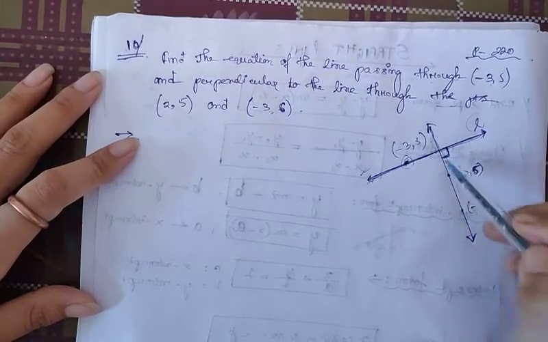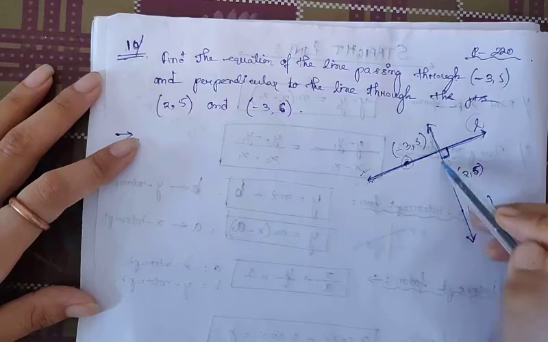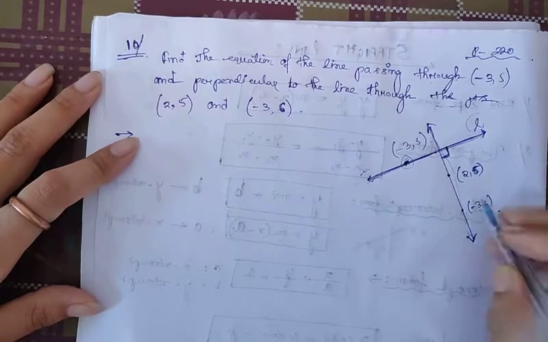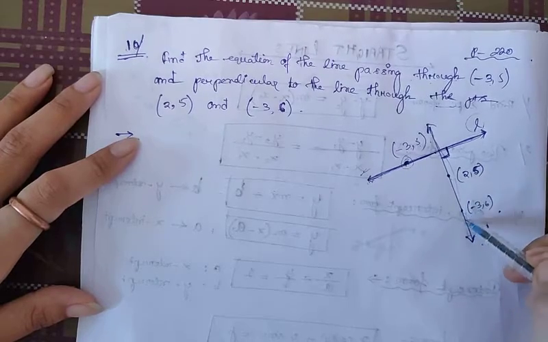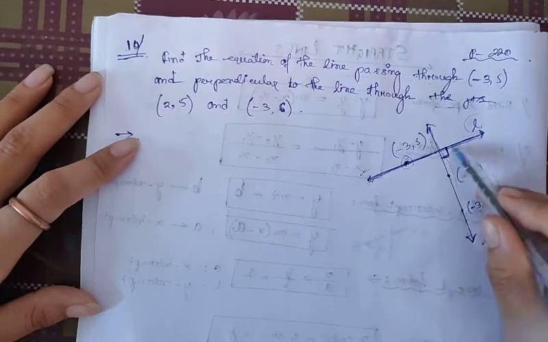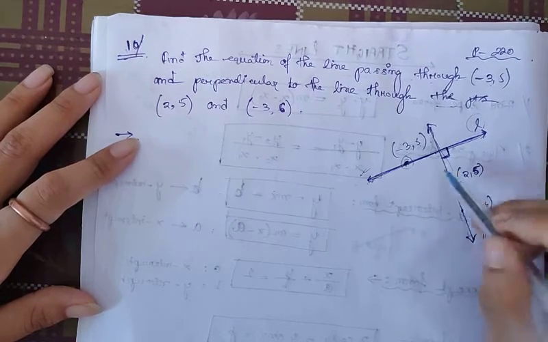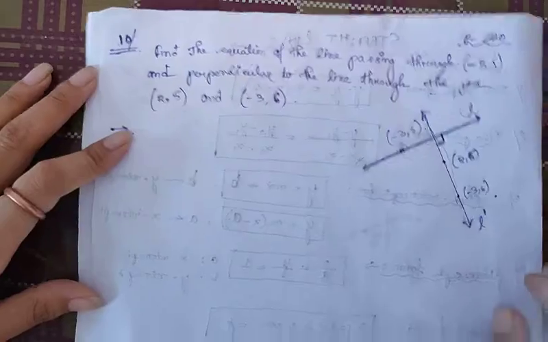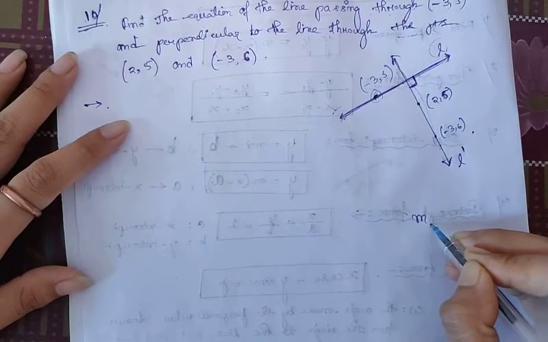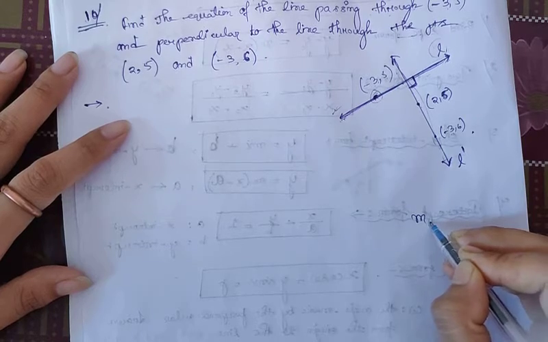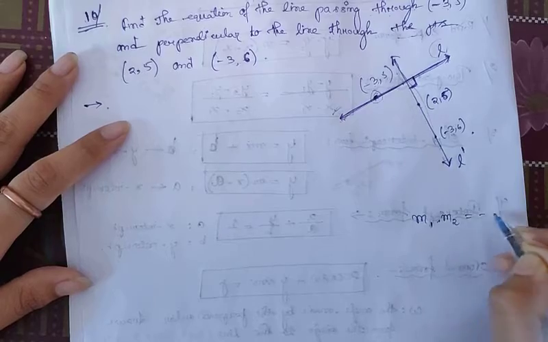But here we are given this line L is perpendicular to this line. We consider this, name it as L dash, which passes through these 2 points. Now, since these 2 lines are perpendicular, we know that the product of the slopes of 2 perpendicular lines is minus 1.